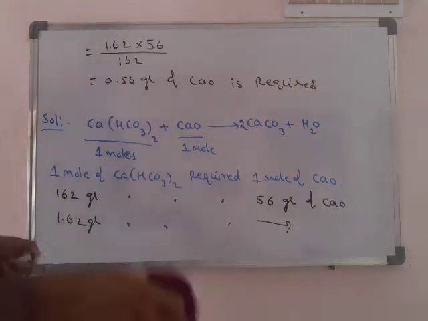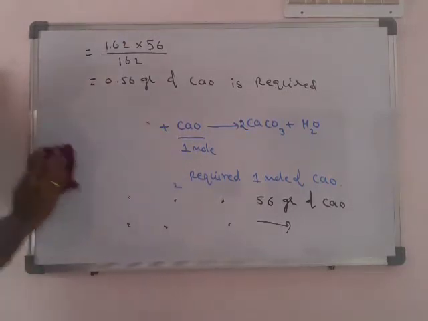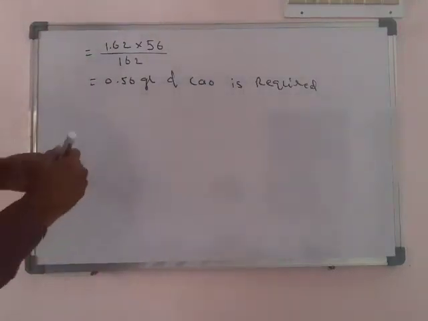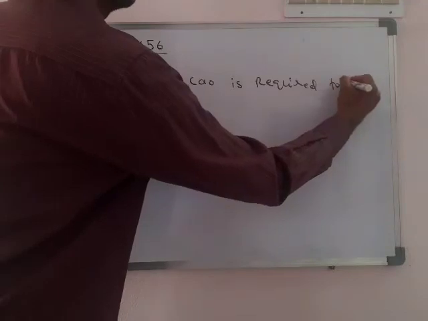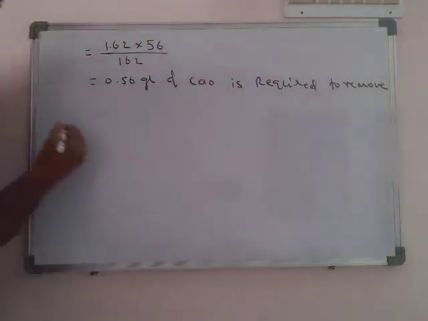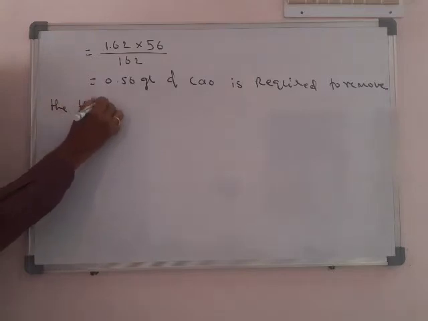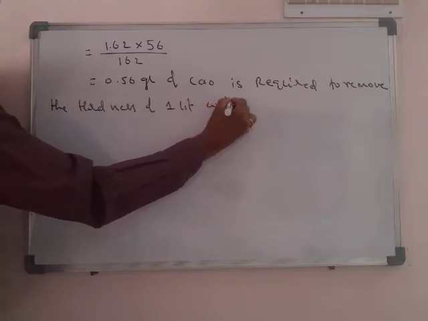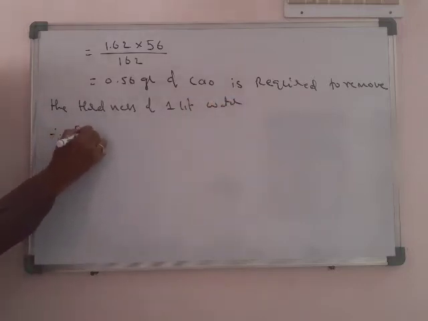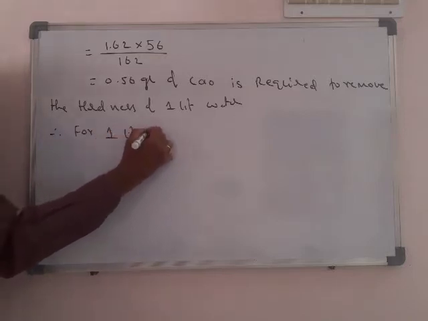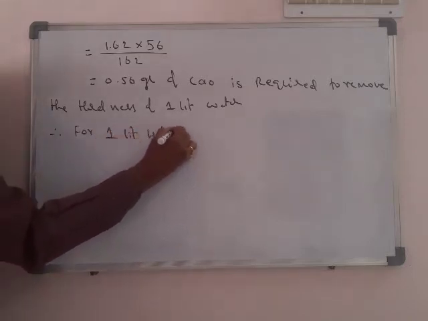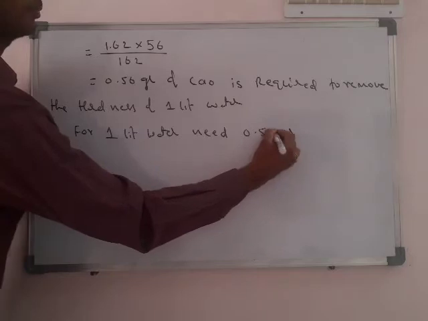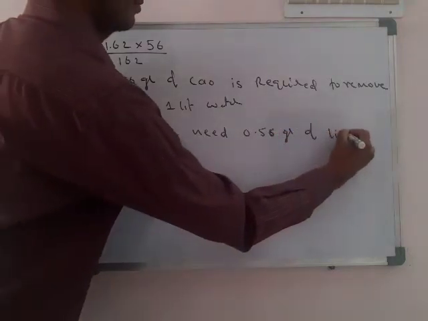So actually this 1.62 grams was dissolved in 1 liter, but we have to calculate it for 10 power 6 liters. So 0.56 grams is required to remove the hardness of 1 liter of water. Therefore we can write: for 1 liter of water, need how much lime? 0.56 gram of lime.